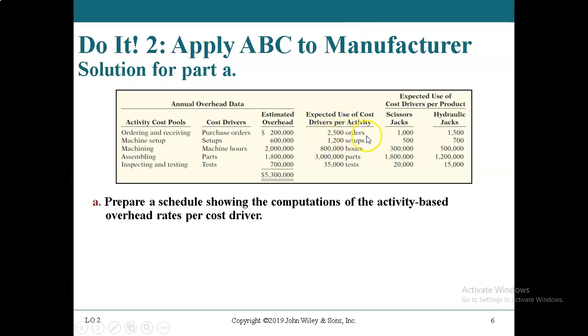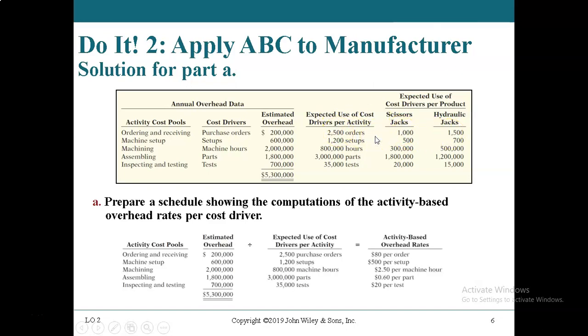Of these 2,500, scissor jacks uses 1,000 and hydraulic jacks uses 1,500. You can see 1,000 plus 1,500 is 2,500. And then the rest are the same thing. You see 500 plus 700 is 1,200. How much machine setup cost do you have in total? 600,000. How much total number of setups do you have? 1,200.